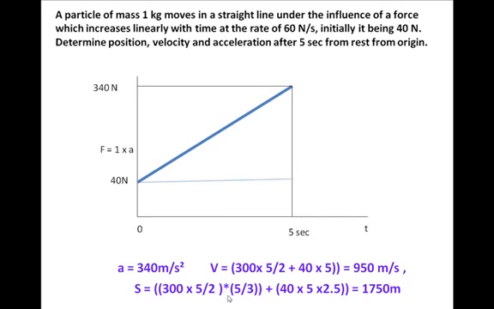We get this quantity, and here we take this area 40 into 5 and multiply by half of 5, that is 2.5. So we are essentially finding the moment of the area of the triangle about this point and the moment of the area of this rectangle about this point. We add it up, we get 1750 as distance S, or position from the origin.